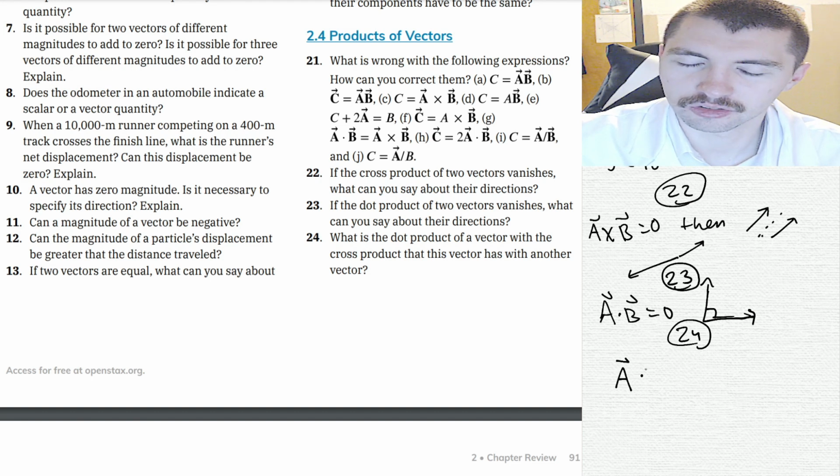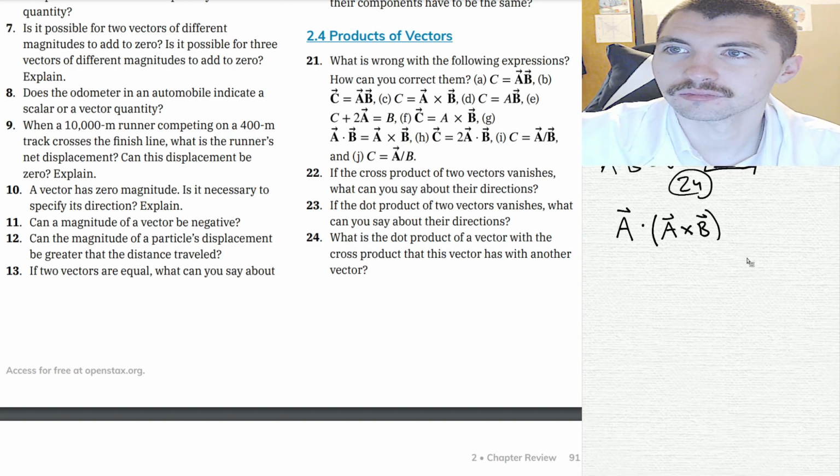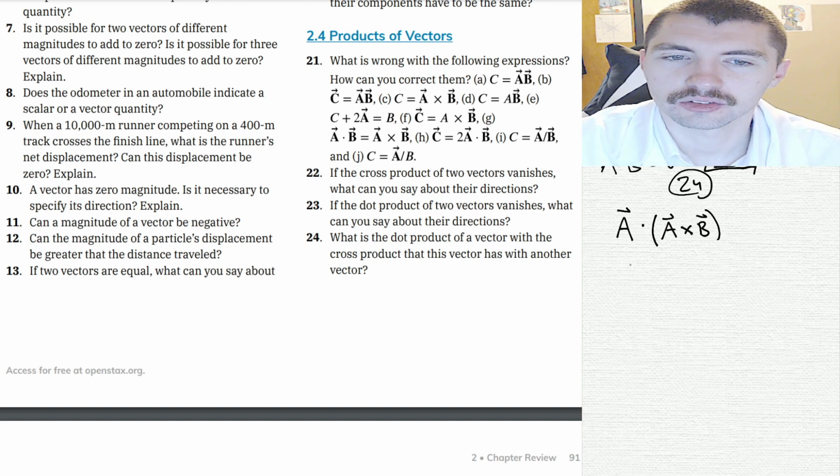These questions are worded very strangely. What is a dot product of a vector A? I think this is what it's asking. So A dot A cross B.